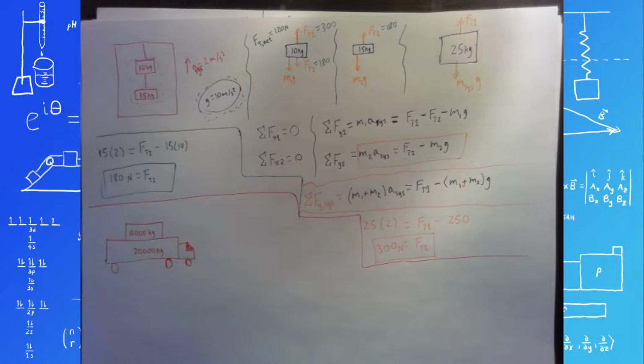I mean, I'm not the person that you should be trusting for knowing the masses of actual cars. But I would think it's somewhere on the order of 1,000. So yeah, this would actually have to... Why on earth wouldn't they just put it inside the truck in that case? Who knows? I'm not going to question it any further. Let's get back to the physics.